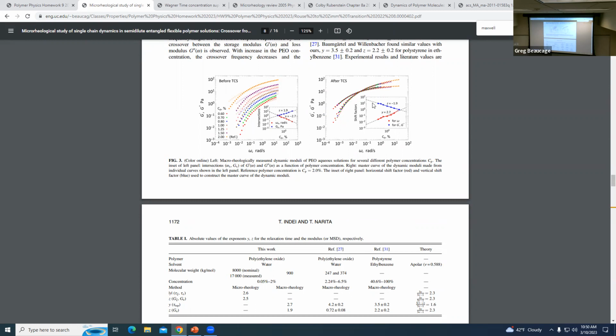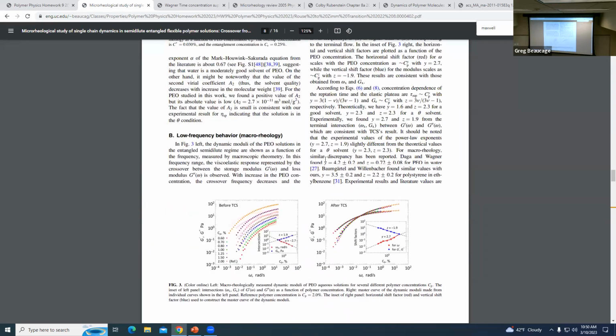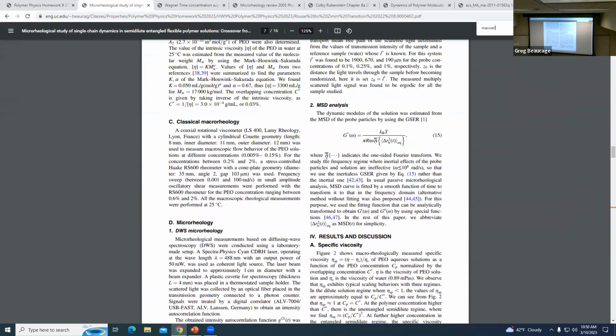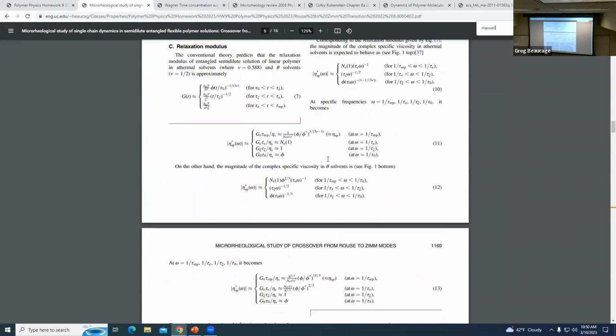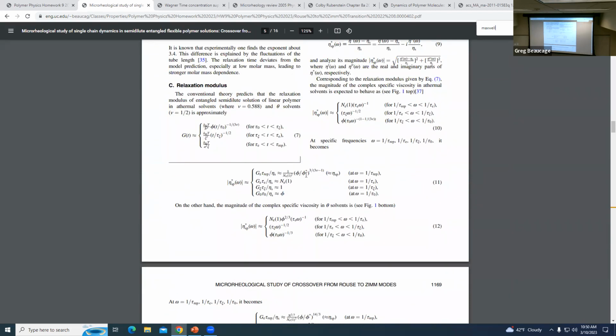See, the Y and Z are shifting frequency and modulus to get the curves to lie on top of each other. And the numbers he gets for those match up with the theory part of this paper. He goes through every possible power law dependence of time and modulus, and time and viscosity.